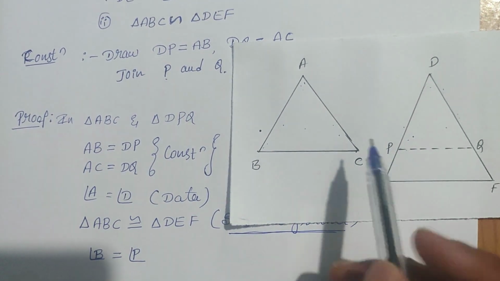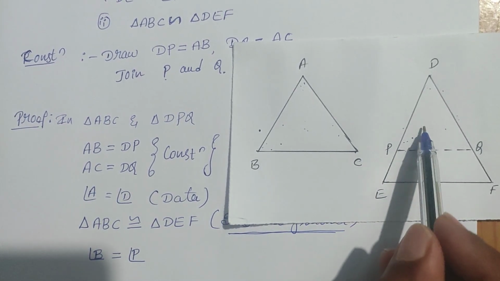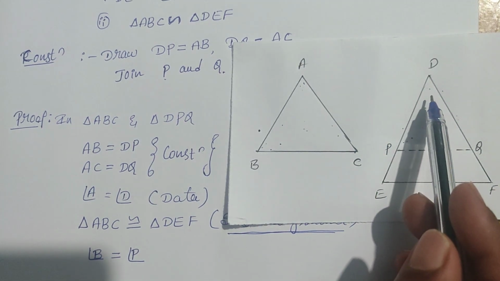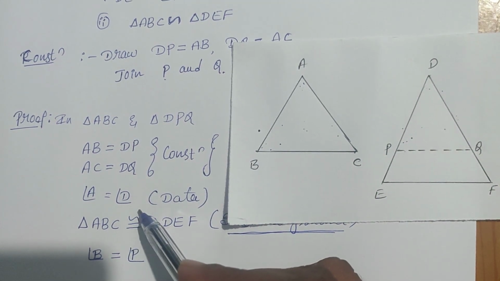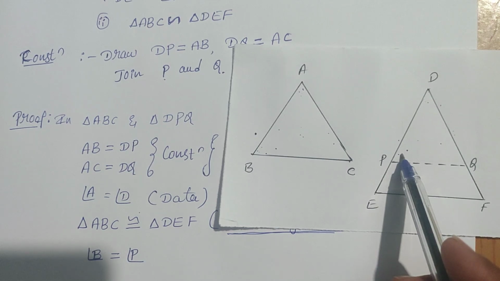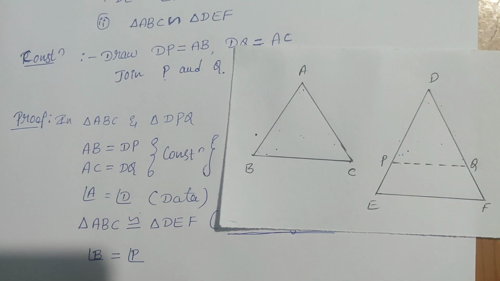Because these two are the corresponding angles of the congruent triangles ABC and DPQ, which we just proved, angle B and angle P are congruent and corresponding angles. Angle C and angle Q are also corresponding angles.